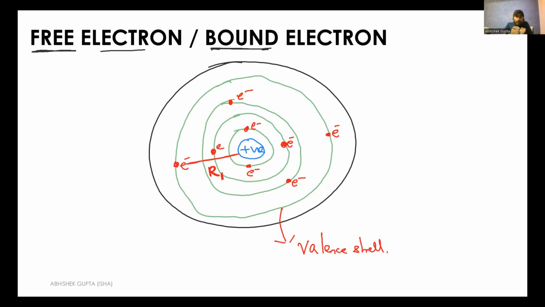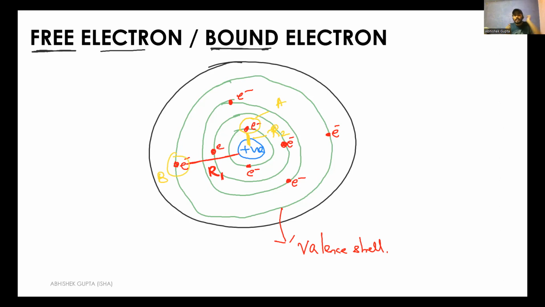This distance r1 is very far compared to the electrons near it. Suppose you talk about this electron, the distance is r2. Now this electron happens to be at a smaller distance compared to this electron. Let this electron be A, let this electron be B.